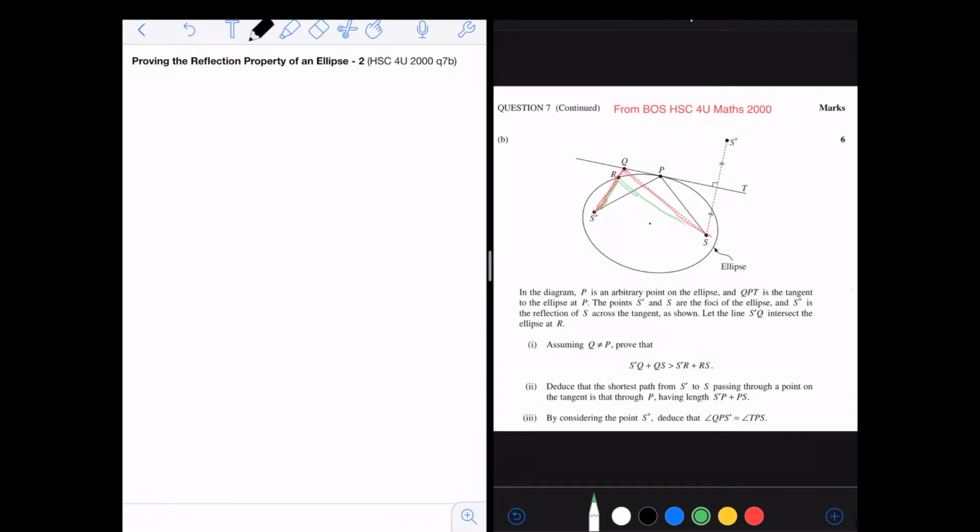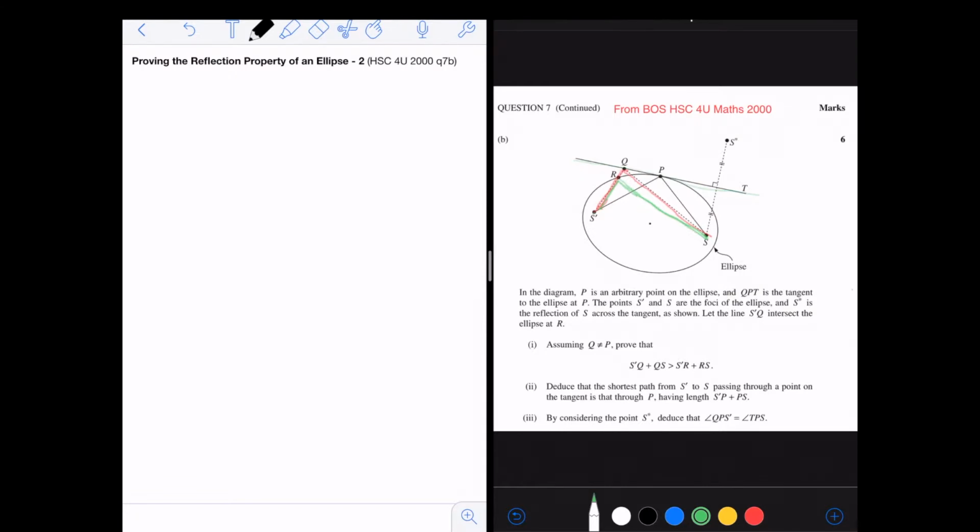Okay, so what does that mean? The question actually asks you proving: the distance from S dash to the S via the point on the tangent will always be bigger than the distance from S dash to the S via the point on the ellipse. This is what I asked you proving.